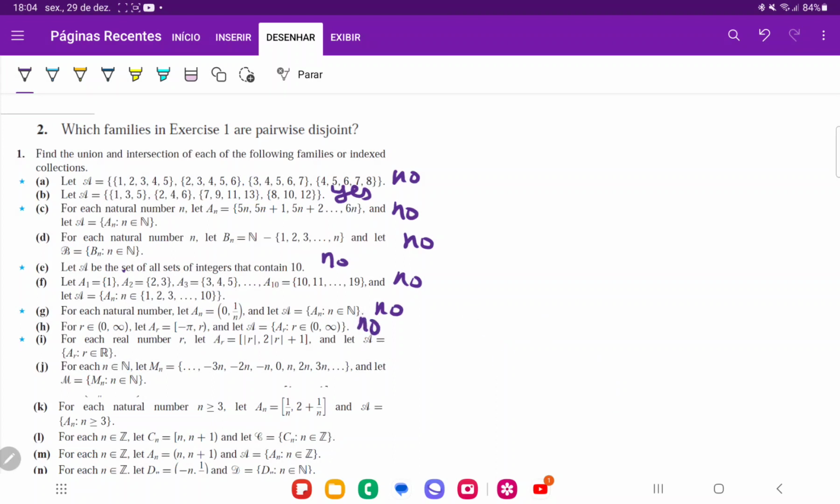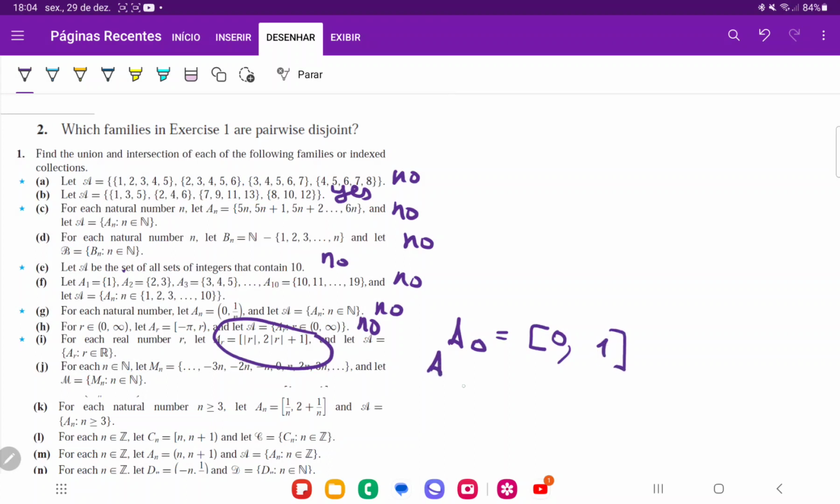So that is going to be a no. What about I? For each real number r, it's going to follow this rule here. So if we take, for example, a of 0, that's going to begin at 0, and then it's going to go to 2 times 0 plus 1, which is 1.